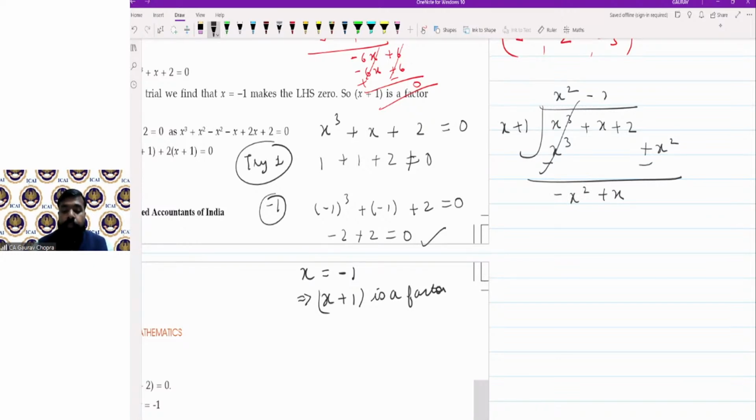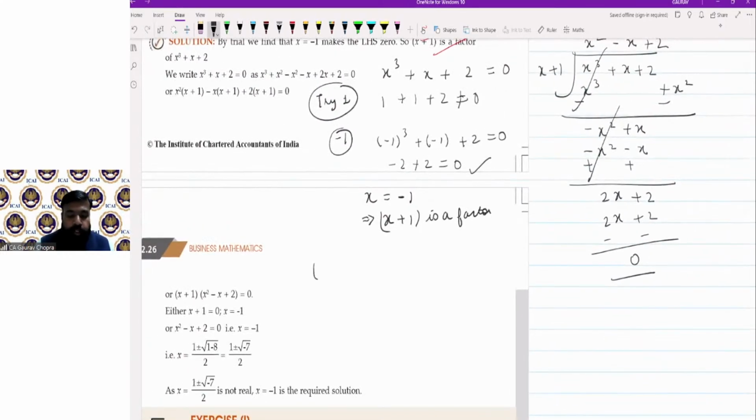Now again we require minus of x, so it will be minus x square minus x. Change the sign. So what is left? 2 of x plus 2. Now x को 2x बनाना है, use plus 2. So 2x plus 2. Change the sign. Remainder is 0.